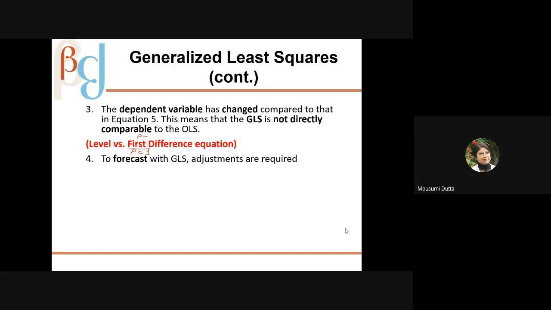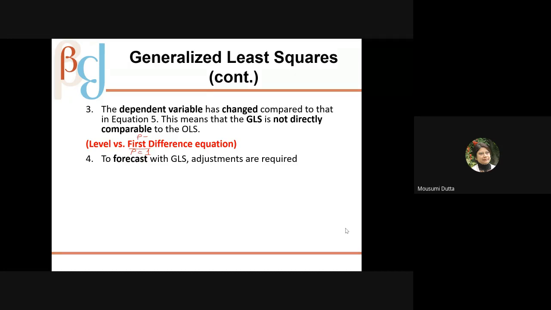So if you find that R square of the previous model is good compared to this one, you will stick to the original model. Or if R square of this equation is better than the previous one, you will come to this structure. All these conclusions are wrong. We cannot compare the R square of these two models.